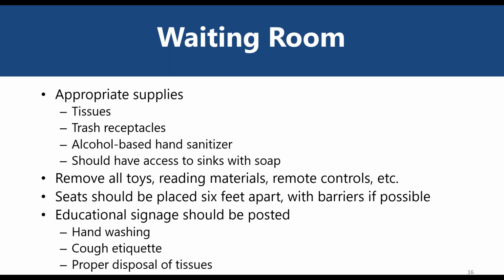If available, alcohol-based hand sanitizer. We know that CDC recommends that first and foremost. But if not, definitely make sure that there's access to sinks with soap. Actually, in addition, we want to make sure that you do have access to sinks with soap for all of your patients and then also your employees.